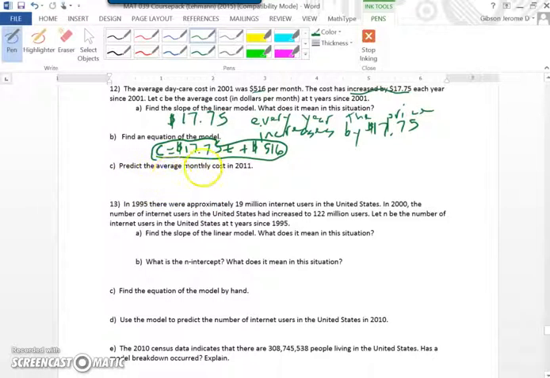Okay, now it says predict the average monthly cost in 2011. Now we have to go back to the original problem because this is dealing with since 2001. So to go to 2011, that's a 10-year difference. So what we would do in this formula, we would substitute in 10 for t.